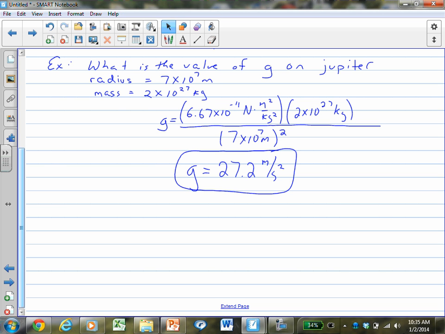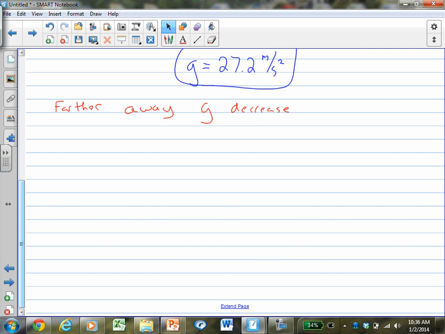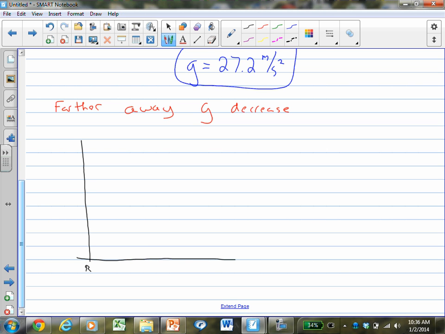Now, we could also see that the farther you are away from the planet, g is going to decrease in an inverse squared relationship. So if you were on the surface of Earth, at just the radius of Earth away, and it was a 10 kilogram object, it would be like 100 newtons.